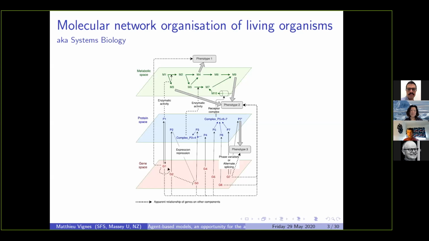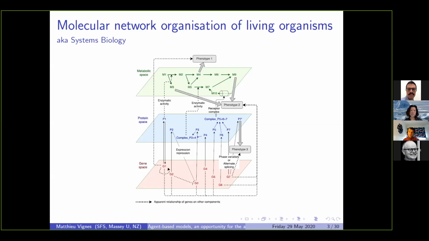So in the gene space, for example, you see that gene 2 is expressed and translated into a protein. So it's transcribed first into a messenger RNA, translated into protein 2. And protein 2 has a repressive effect on the transcription of gene 3.